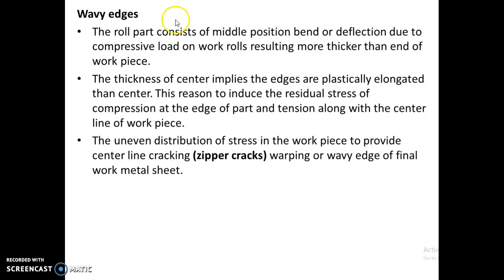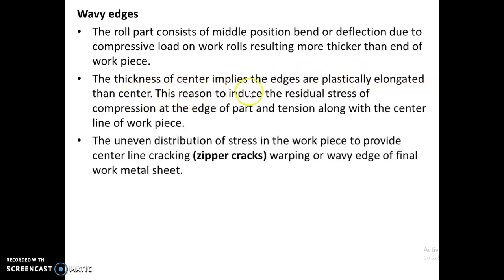What are wavy edges? The roll consists of a middle position bend or deflection due to compressive load on the work rolls, resulting in the center being thicker than the ends of the workpiece. The thickness of the center implies the edges are plastically elongated more than the center.